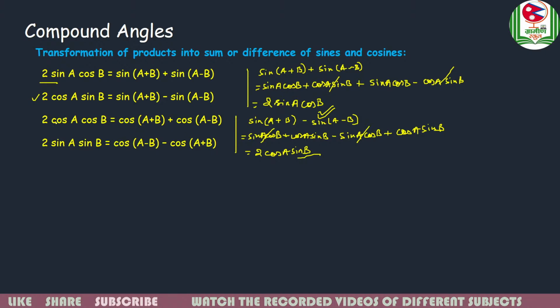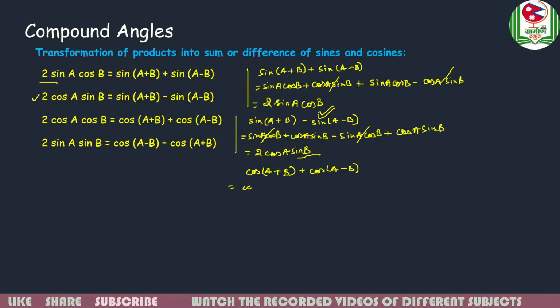Cos(A+B) plus cos(A-B) is equal to 2 cos A cos B. So you can do that. Cos(A+B) plus cos(A-B) is equal to how much?